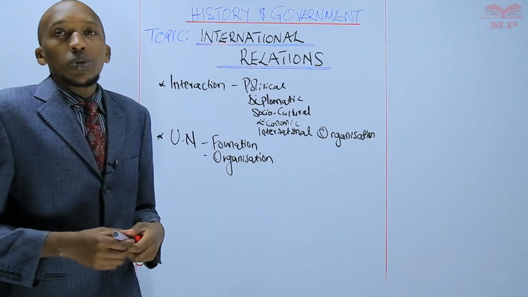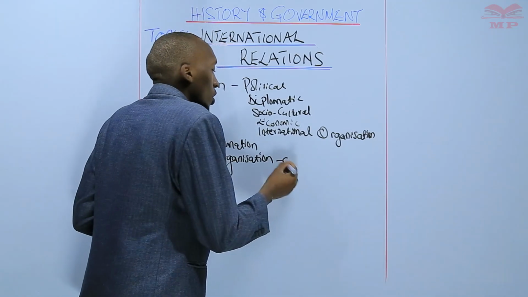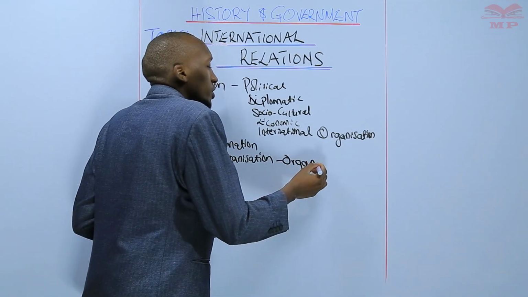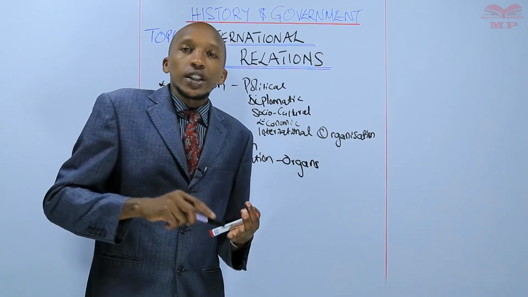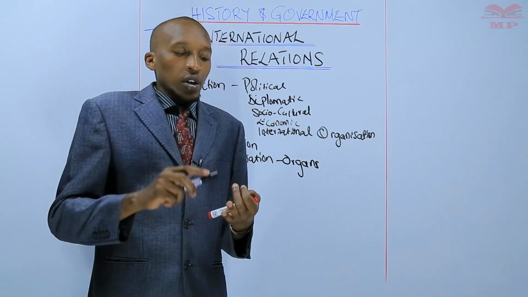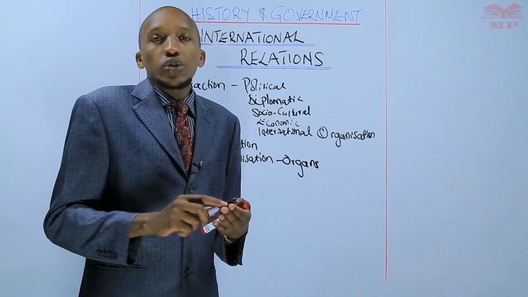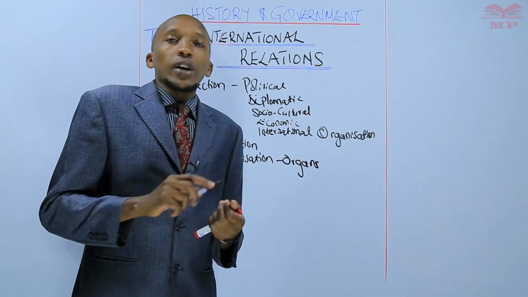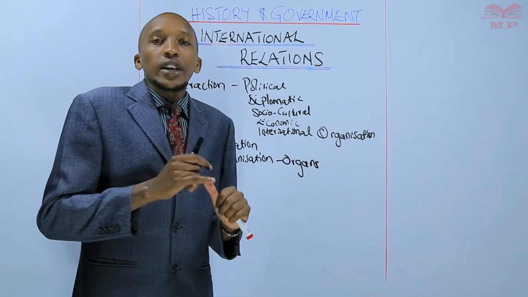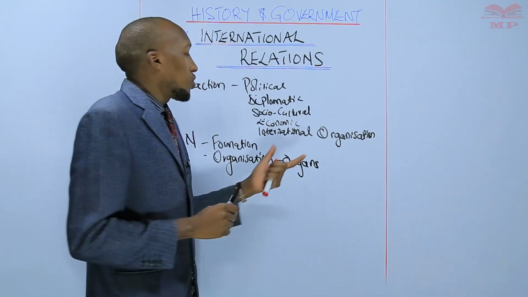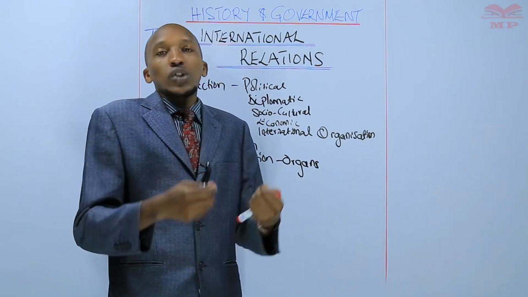Talking of organization, we studied the organs of the United Nations, and we said the United Nations has 6 principal organs. That is the General Assembly, the Security Council, the Secretariat, the Economic and Social Council, the Trusteeship Council, and lastly the International Court of Justice. We discussed each and every one of them and gave their functions or duties.